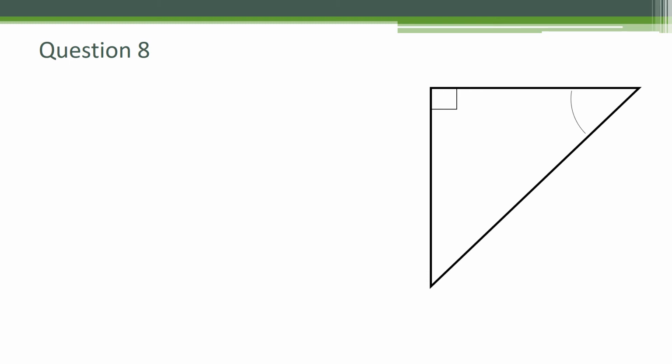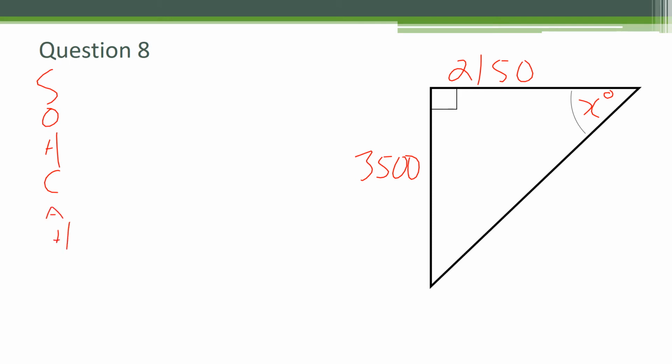Let's try to find an angle. Let's say that this is 2150 and this is 3500. Let's use some big numbers, why not? Then I'll throw an x in there, x degrees. Calculator's in degrees. I write down sohcahtoa. I got the opposite side, that's this one. I got the adjacent side up here.